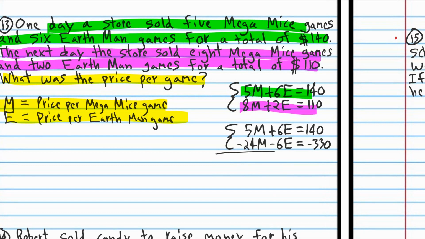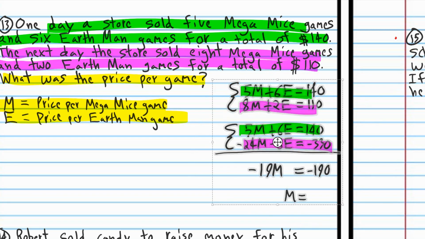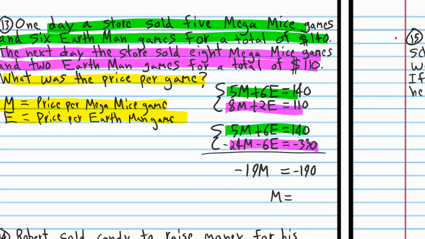All right, so now we're ready to eliminate. And we get -19M is equal to -190. Divide both sides by -19, and we get 10. So each Mega Mice game cost $10. So be sure to put your units, $10 per game.